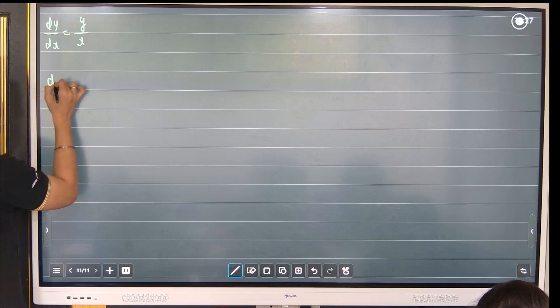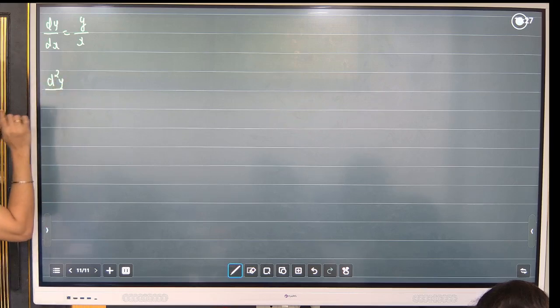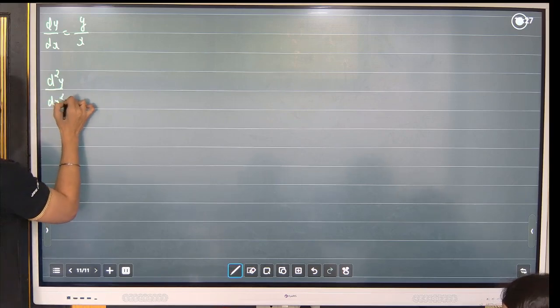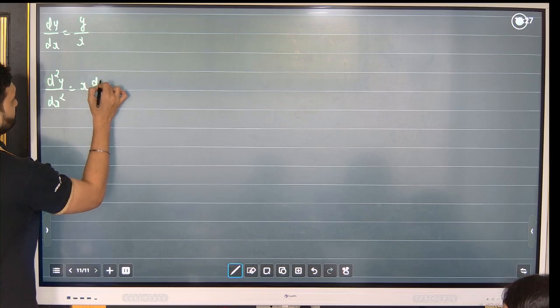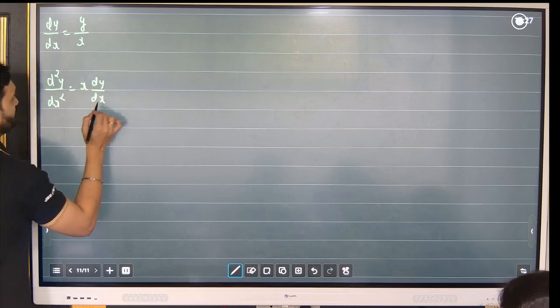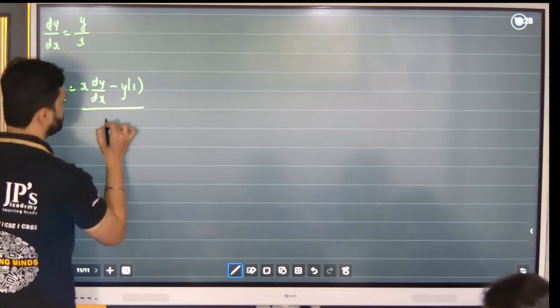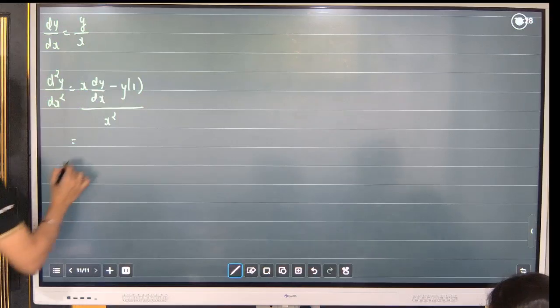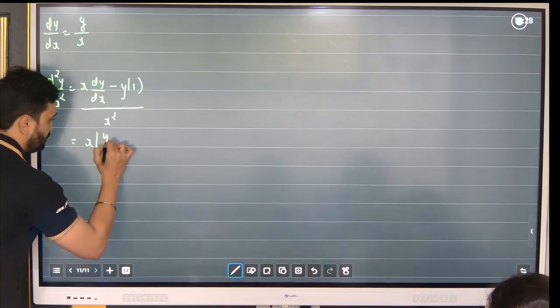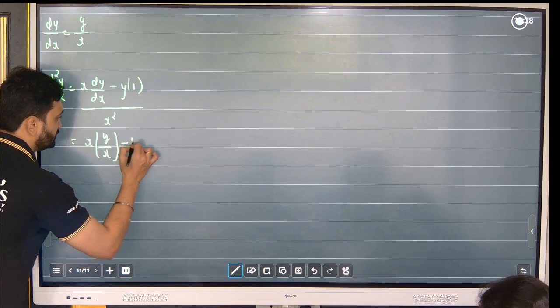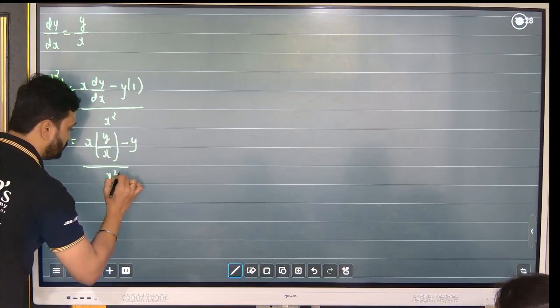How? If I differentiate this, d square y by dx square, first term into derivative of second term minus second term into derivative of first term upon x square. Now I'll substitute the value of dy by dx. Now if you check, the value of dy by dx is y by x minus y upon x square.